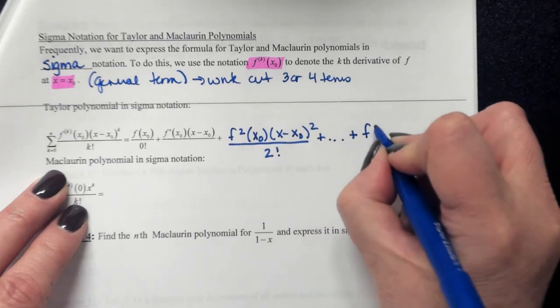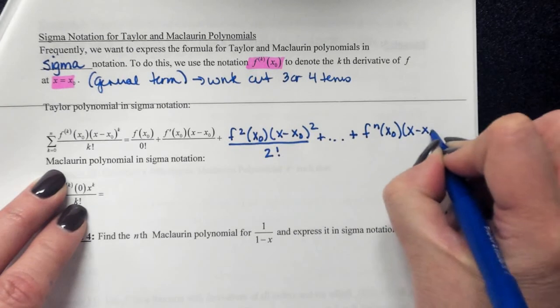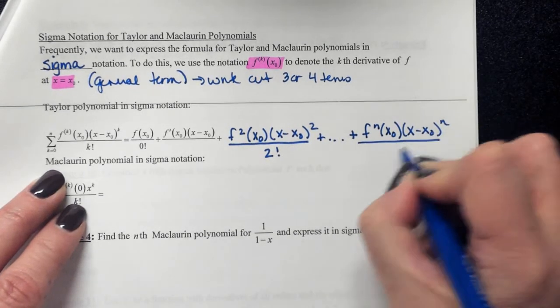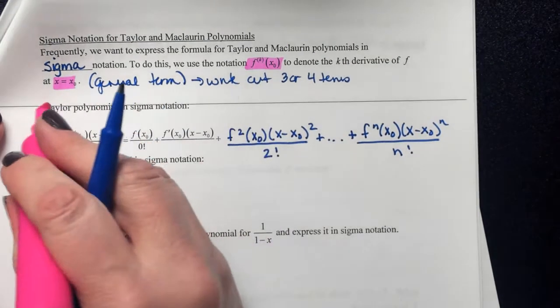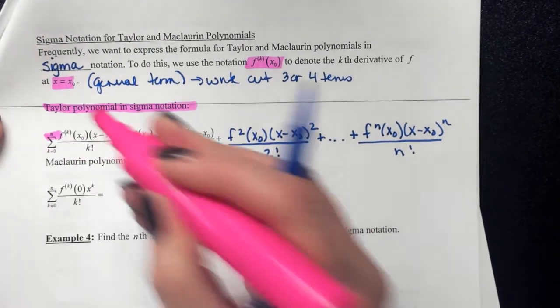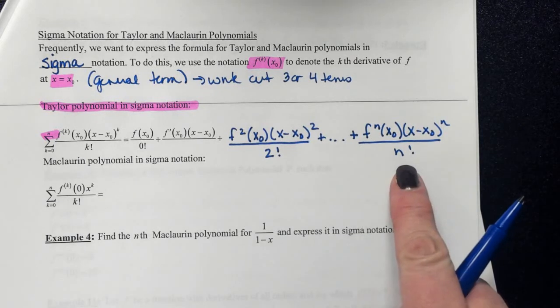It's going to be f to the nth derivative at x sub 0 times x minus x sub 0 to the nth all over n factorial. We've been dealing with infinite series for quite a while. When you're using sigma notation for a Taylor polynomial, notice my upper index is not infinity. It's n, because it has a specific start, it has a specific end. It's ending with the general term.